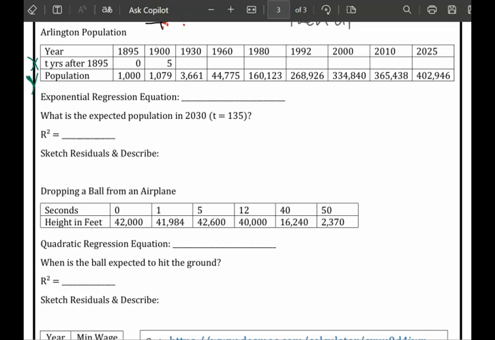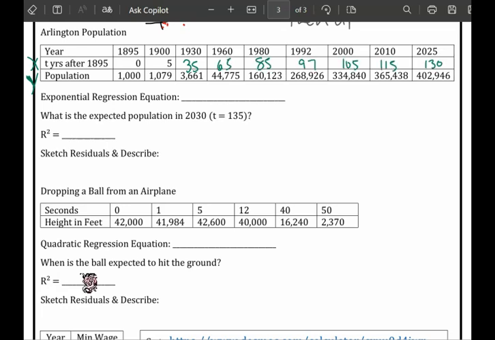We don't want to use the years as in 1895, 1900, that sort of thing, because you'll have a bunch of answers that are in scientific notation, and it'll overall be just harder to read. All right, so 30 plus 5, 35, and then just fill in the rest of these on the table.